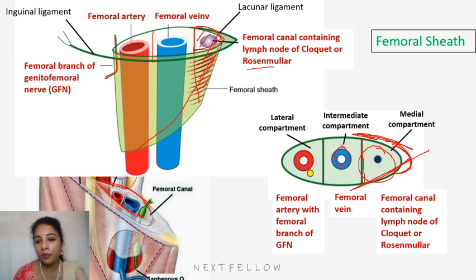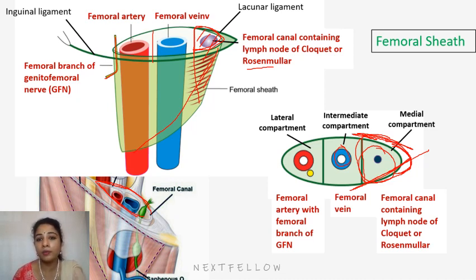And this femoral ring and femoral canal is larger in women than in men, partly due to the relatively greater width of the female pelvis and partly the smaller size of the femoral vessels in the woman. So that would be the reason for the larger femoral canal in females. As the ring is larger, femoral hernia is also more common in females than in males.